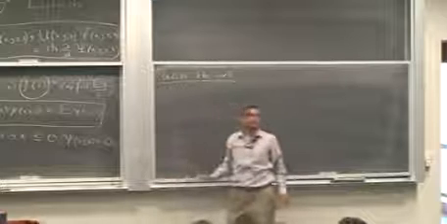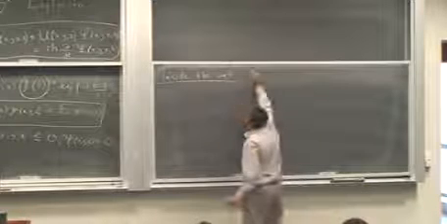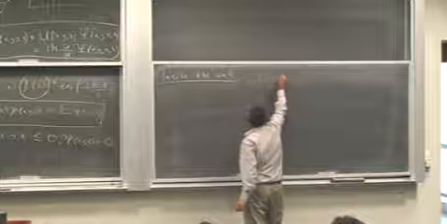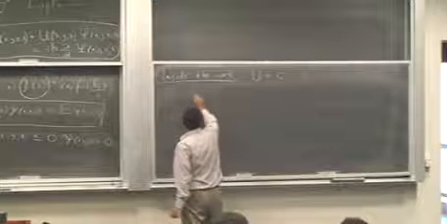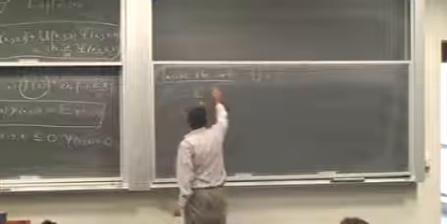What is the potential energy? 0. U is 0. So our equation becomes minus h bar squared over 2m del squared.